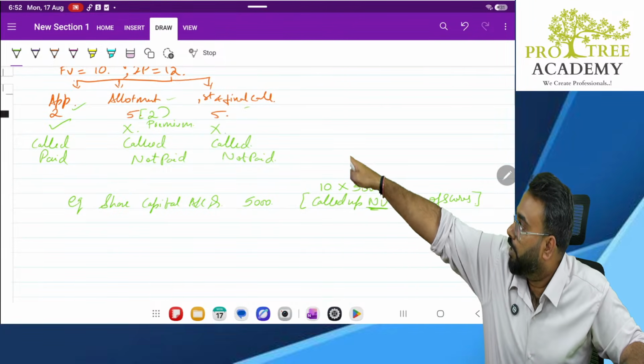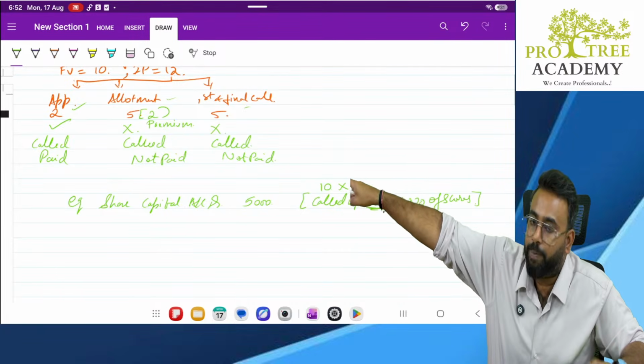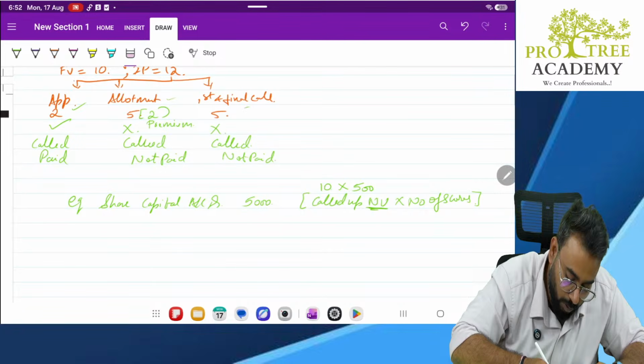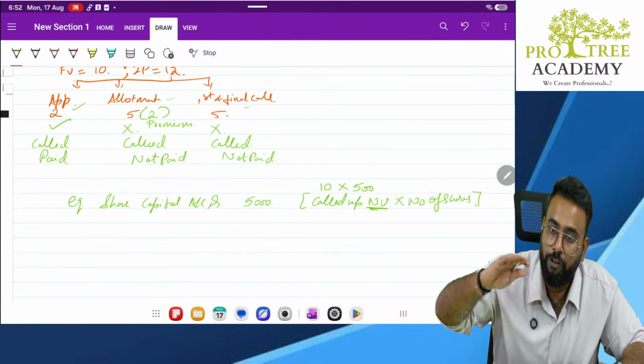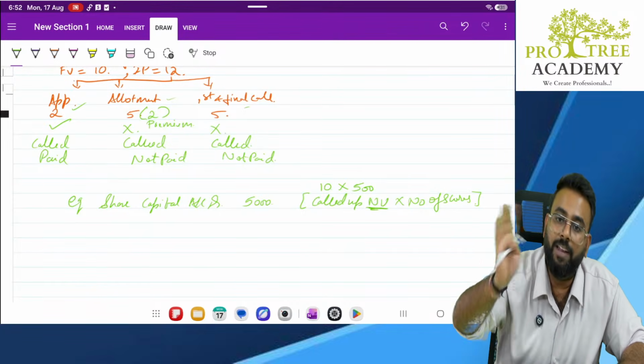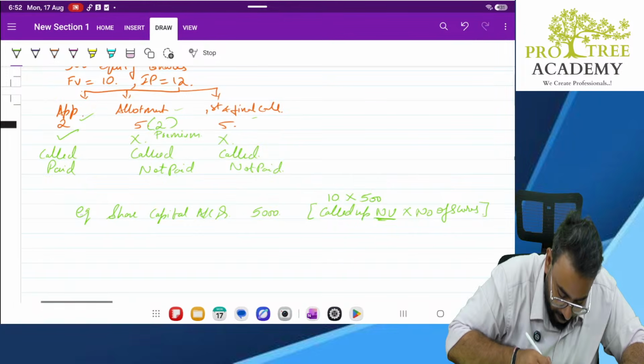Now is the securities premium paid or unpaid? Look at it. What was called? Application was called, it is paid. Allotment was called, is it paid? No. That means premium is also not paid. If premium is not paid, it has to be reversed. If it is paid, then no reversal. If it has not been paid, then we have to reverse it. So what is the entry?